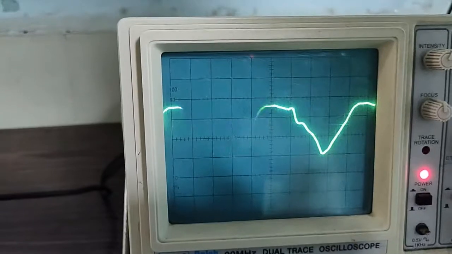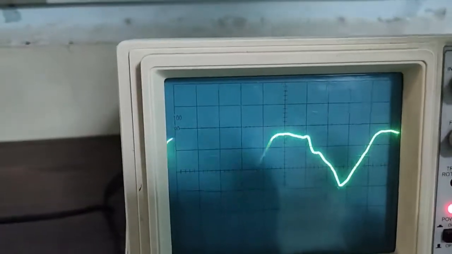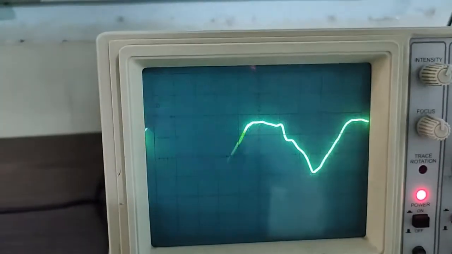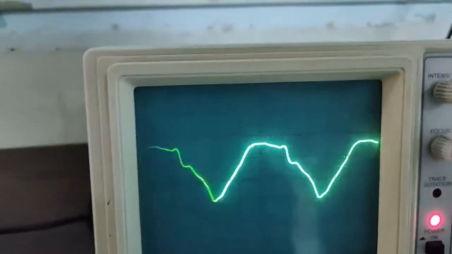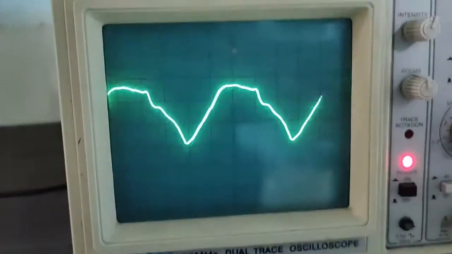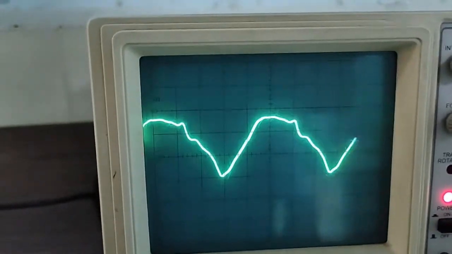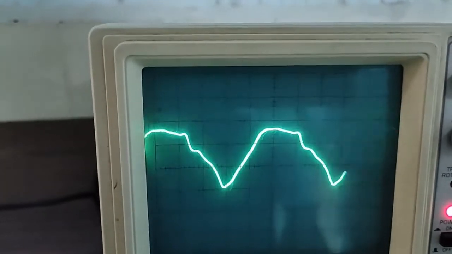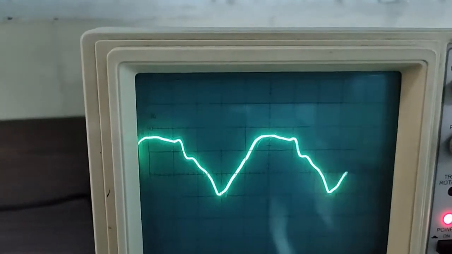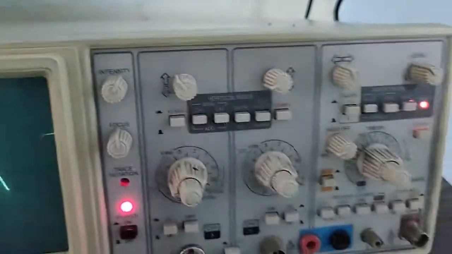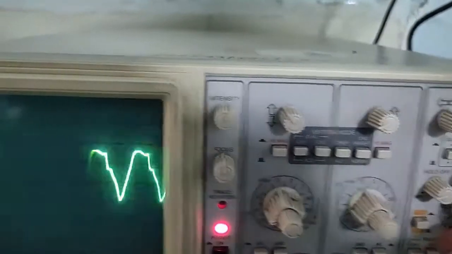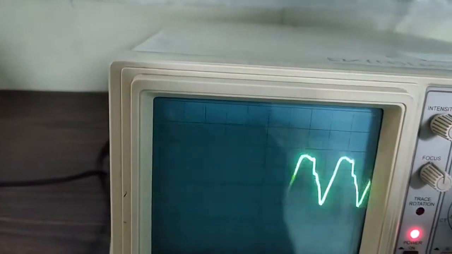But for this practical, we are going to use the input from your electricity board, and we know the specification is 230 volt and 50 hertz. So the frequency is very low, equal to 50 hertz. So it is not possible to make that particular waveform stationary. That's why it is continuously moving. Now if you change the time per division knob, then you will get the idea.